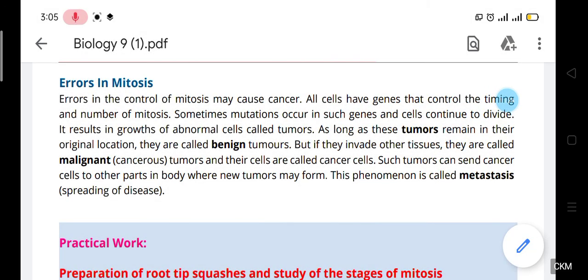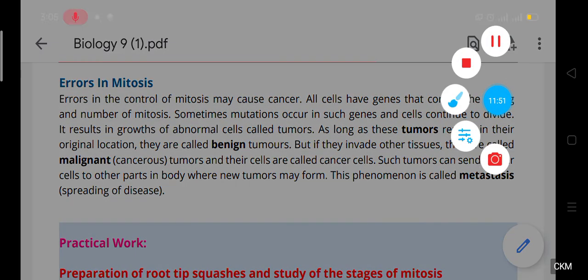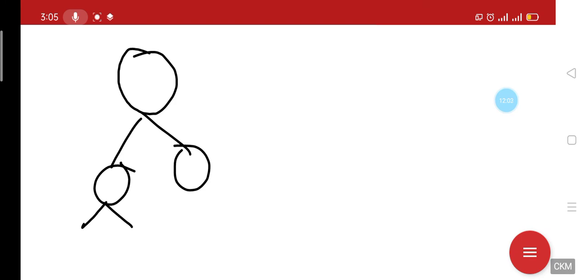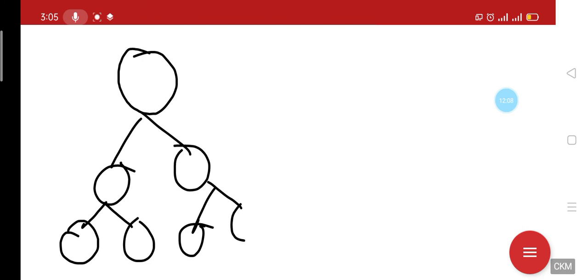As we have done the significance of mitosis, let's discuss the error in mitosis. Basically, the gene of the cell controls the timing and the numbering of mitosis. A cell produces daughter cells, and these daughter cells further produce new daughter cells.